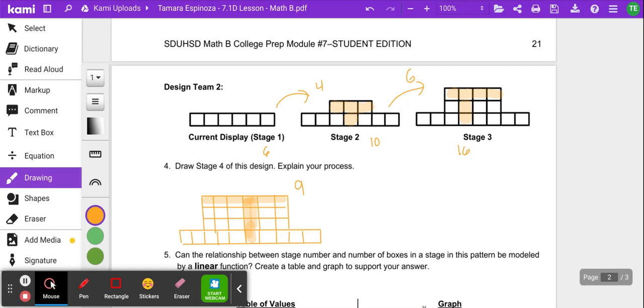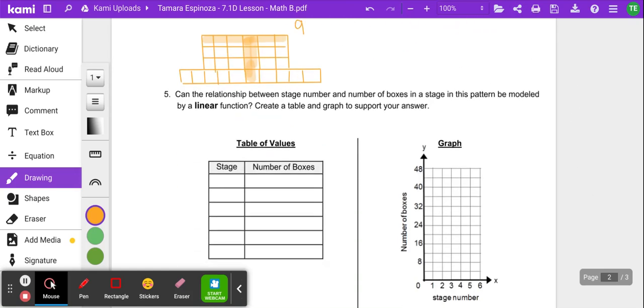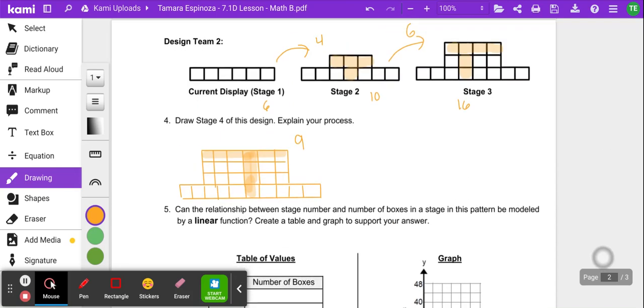Okay. Can the relationship between the stage number and the number of boxes in this pattern be modeled by a linear function? Okay, so we're looking, and my answer right now is no, because it doesn't have the same increase every time, but we'll look at what it looks like. Okay, so here we're going to write down our stages.